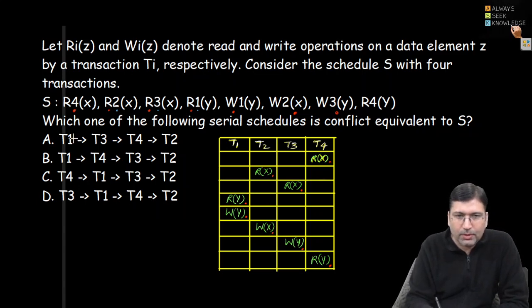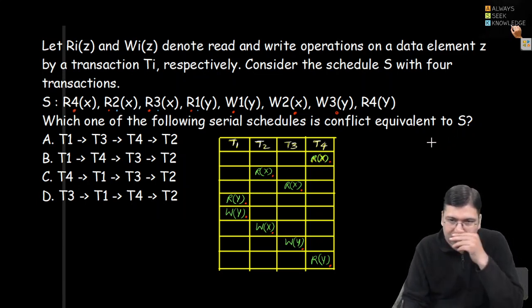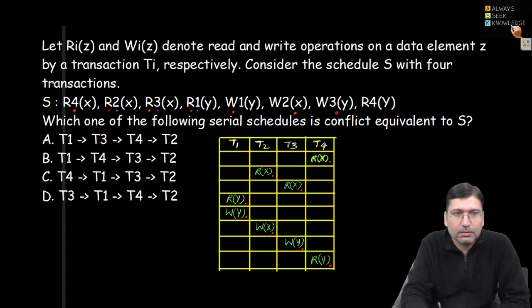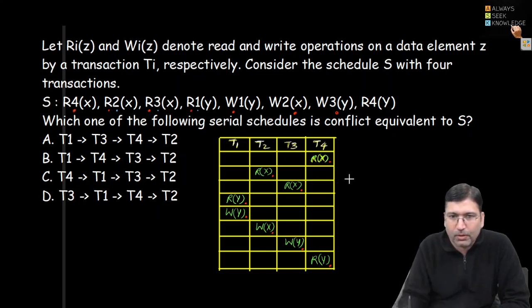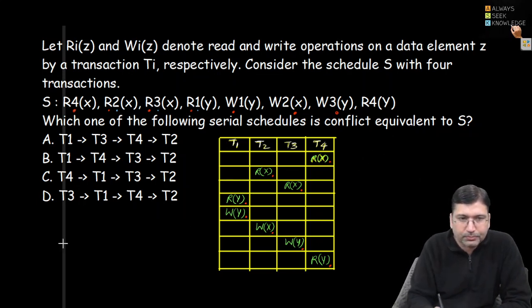Now what they are asking is which one of the following serial schedules is conflict equivalent to S? You just need to prepare a kind of sequence diagram of these transactions. So let's consider there is transaction T1, T2, let's say T3 and T4.